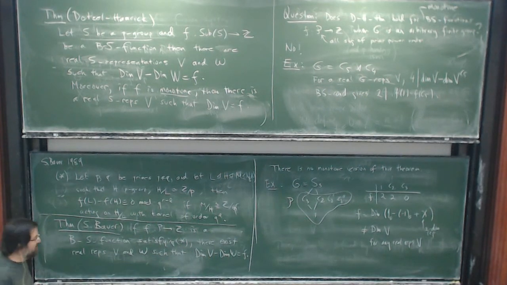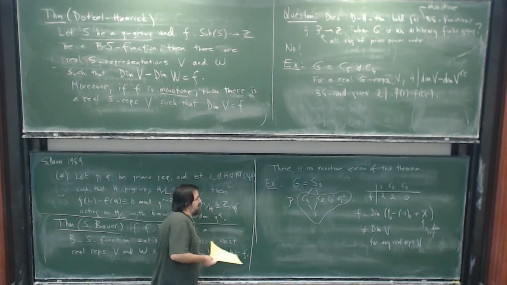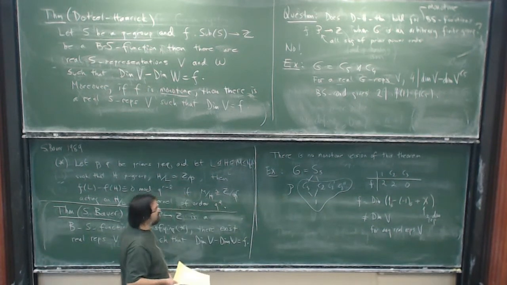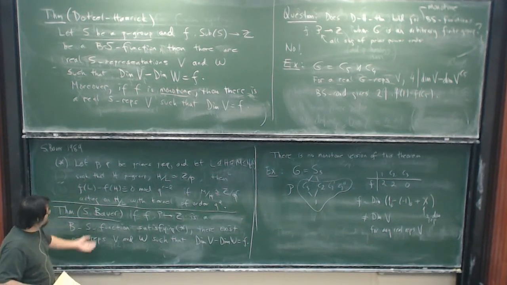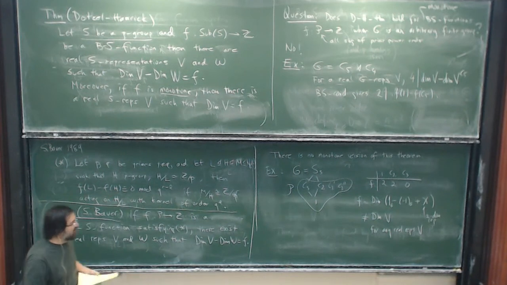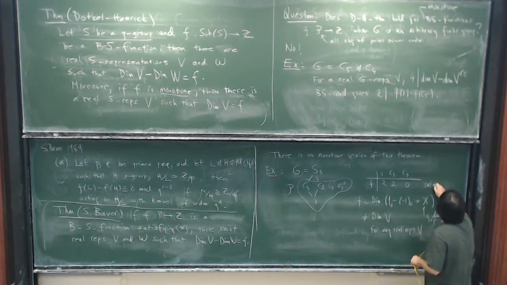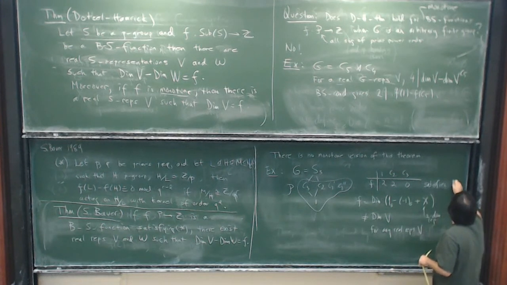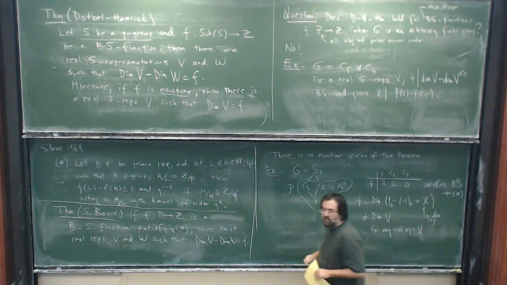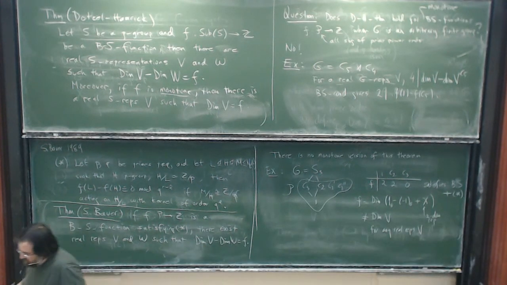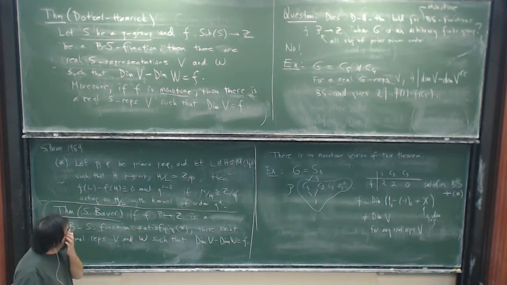So you can still ask yourself, given a monotone dimension function satisfying all these conditions, this actually satisfies all the conditions. Besides the Borel-Smith function conditions, it also satisfies Steffen Bauer's condition. It's a very simple dimension function. It satisfies everything, but it's not realizable by a representation.